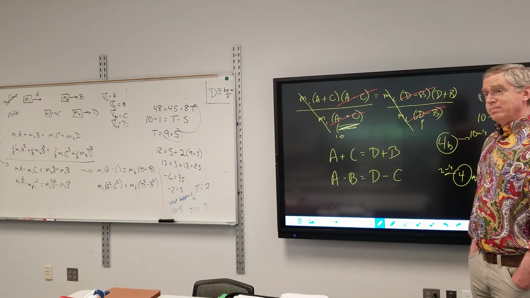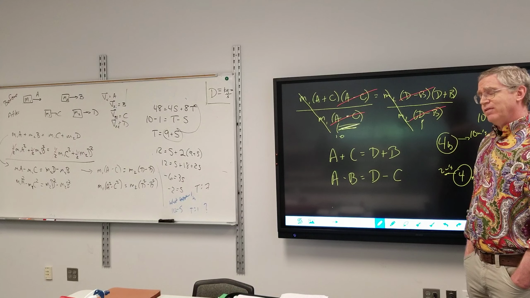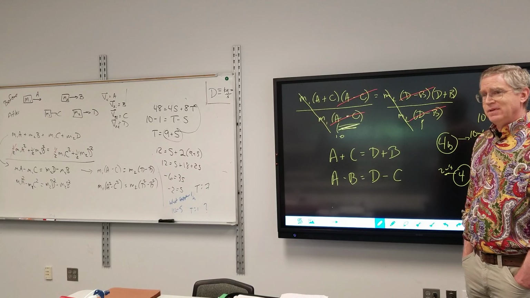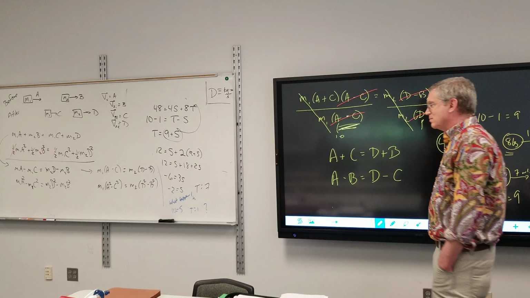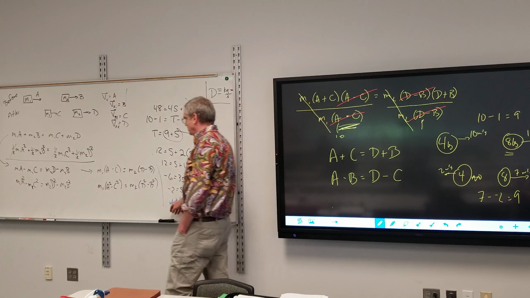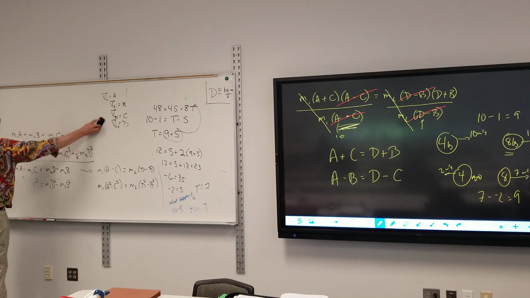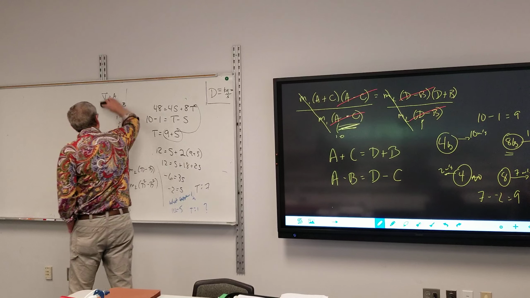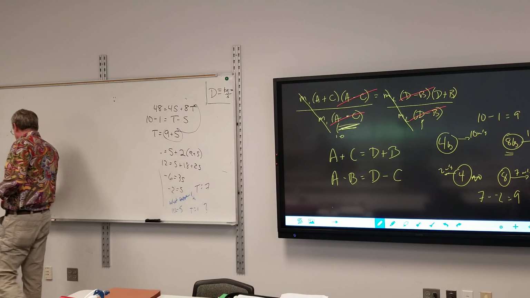Now, the third way has the advantage of, personally, I find it the easiest of the 3 methods. It has a disadvantage, it's slightly more abstract. So we will take a specific case of the problem that we started with.